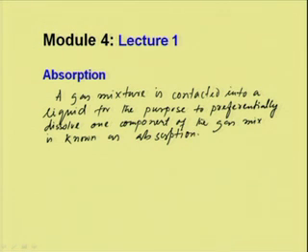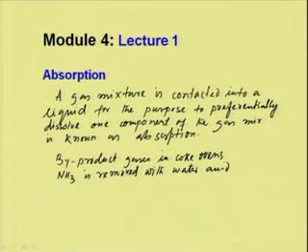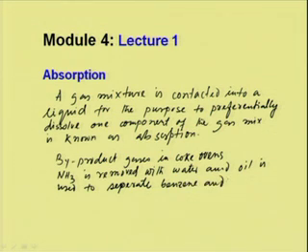For example, if we take byproduct gases in coke ovens, ammonia is removed with water and then oil is used to separate benzene and toluene vapor.